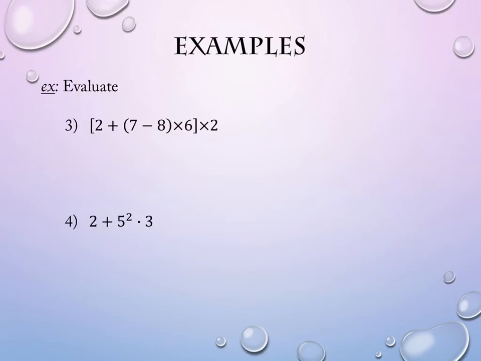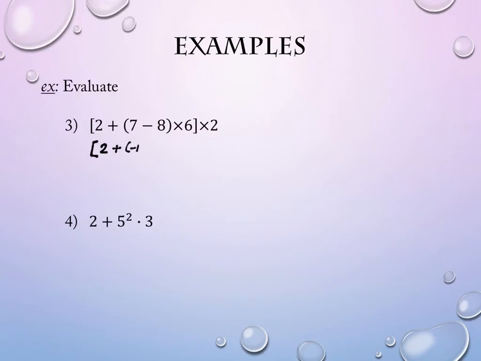The first thing is simplifying inside of the parentheses. The innermost parentheses here is that 7 minus 8. I know it's subtraction, but it's inside of parentheses, which is why we're doing it first. 7 minus 8 is negative 1.